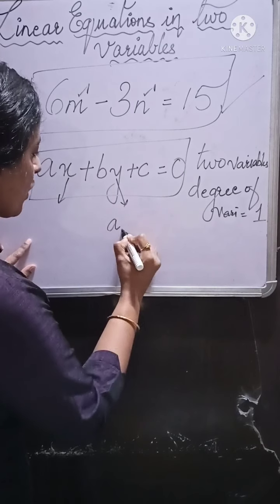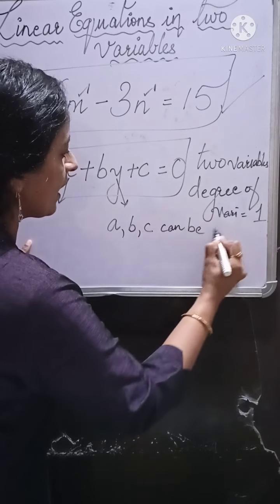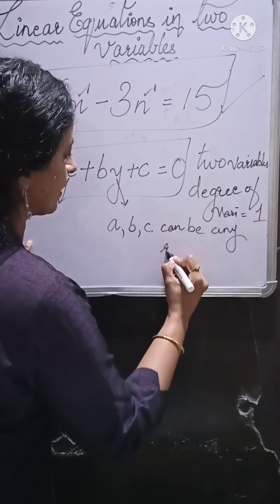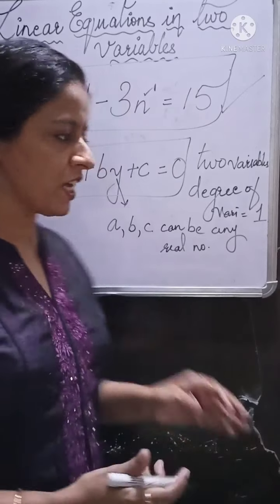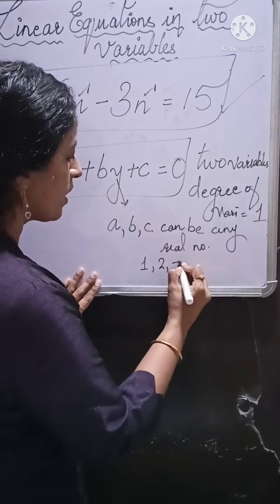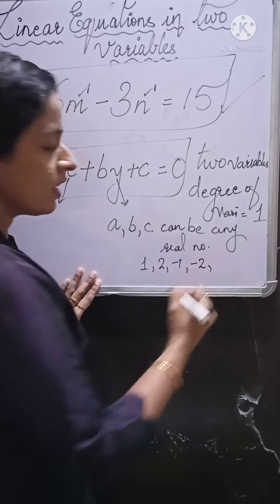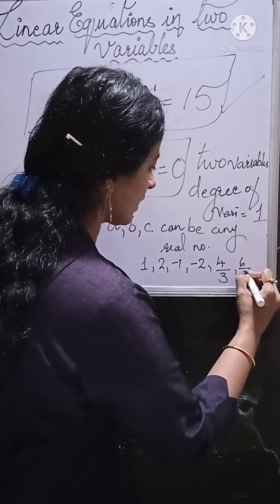Here a, b, c can be any real number. Any real number means what? It can be an integer, meaning 1, 2 or minus 1, minus 2, or 4 upon 3, 6 upon 9.